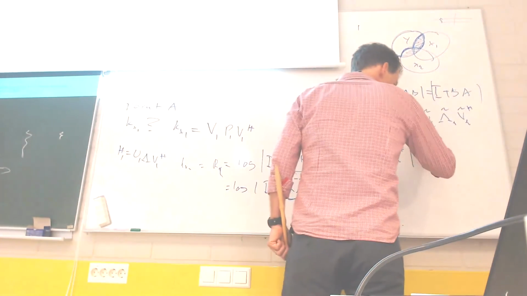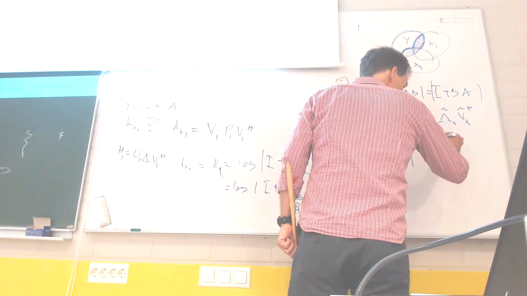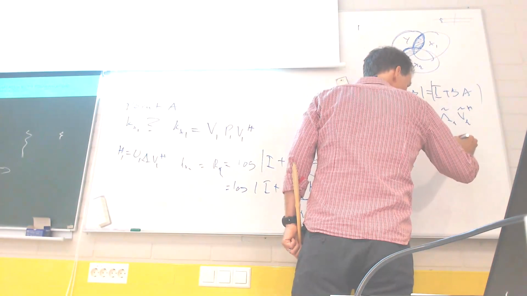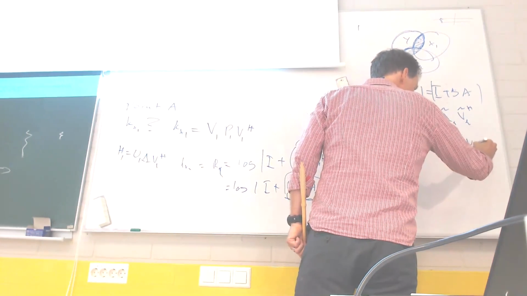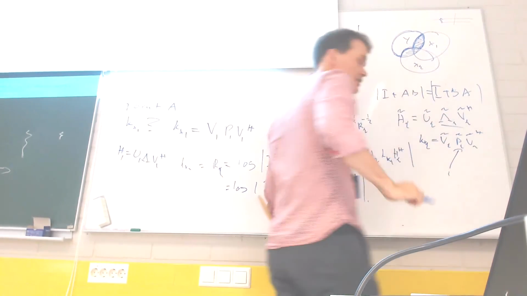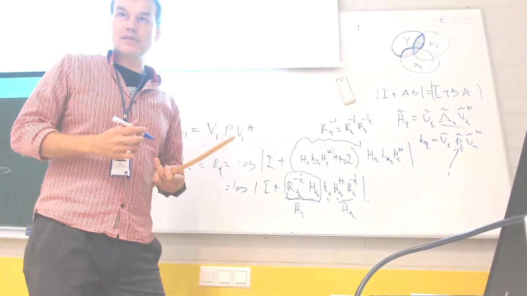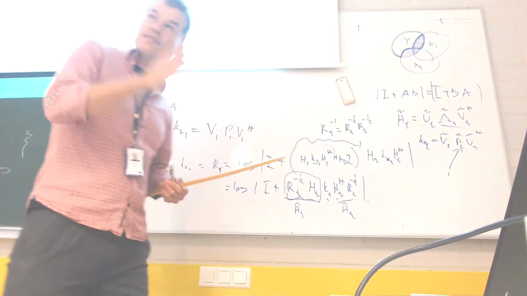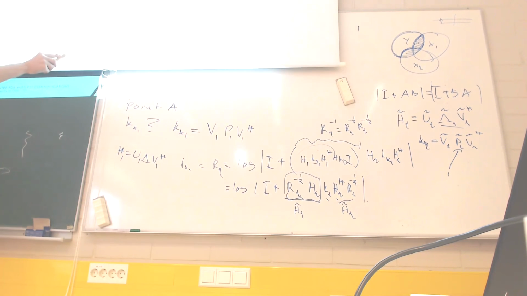So you know that KX2 has to be V tilde 2 times P tilde 2 times V tilde 2 Hermitian, where P2 comes from the water filling over these diagonal values. And that's the solution of the transmit covariance matrices. Okay, makes sense.